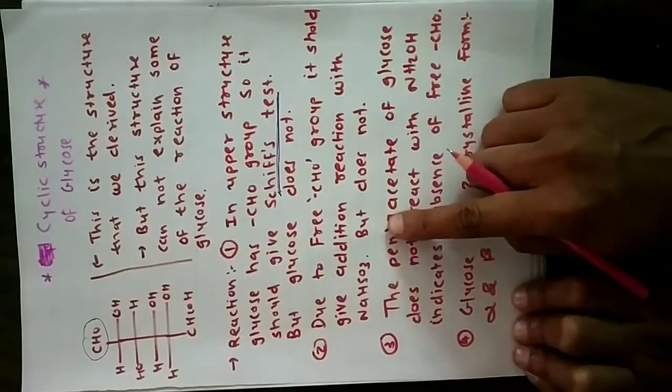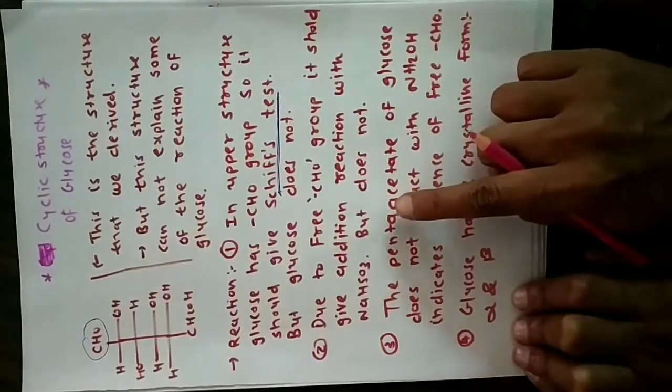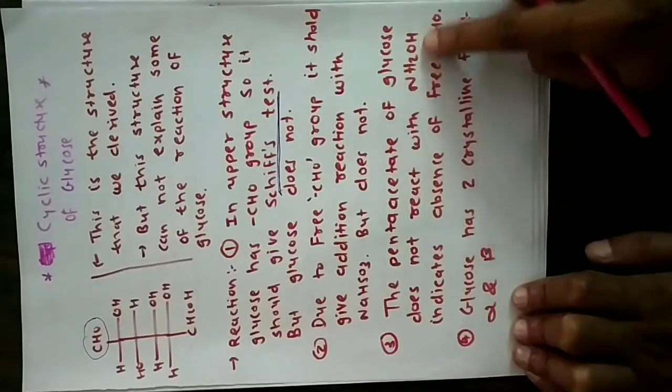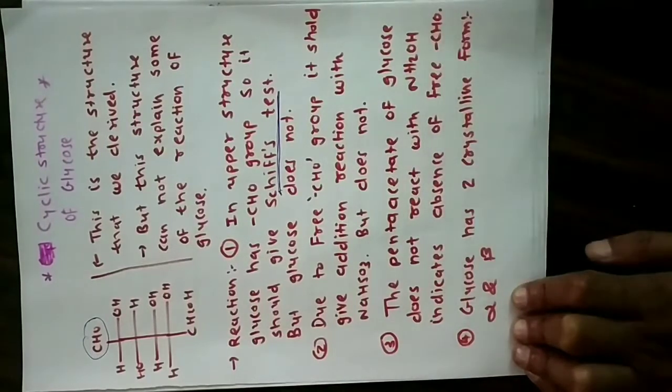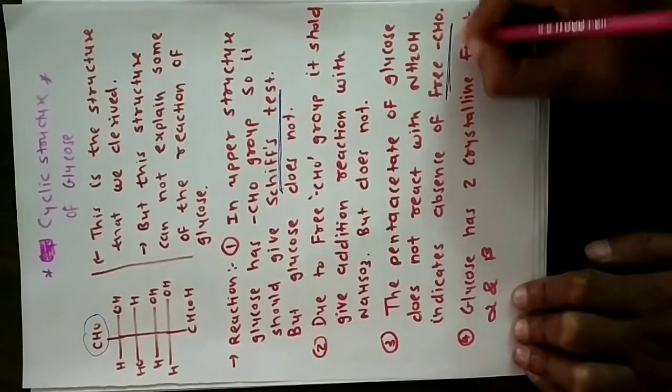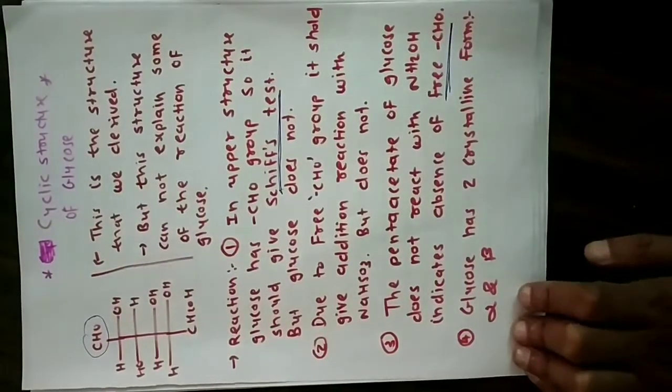But when we react the pentaacetate product of glucose with NH2OH, it does not give that reaction. It means again there is no free CHO group available in the structure.